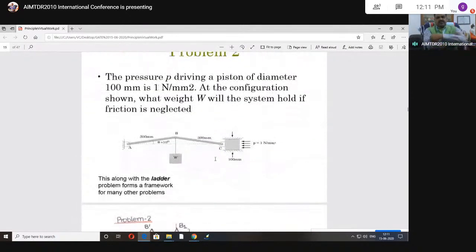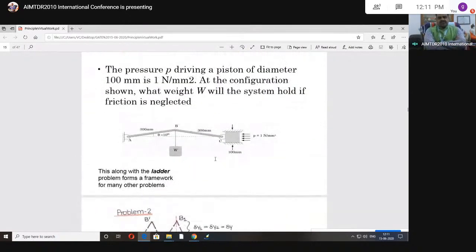The pressure P driving a piston of diameter 100 mm is 1 Newton per mm square, as the configuration is shown. What weight W will the system hold, if friction is neglected? The pressure P, this is the pressure P driving a piston.